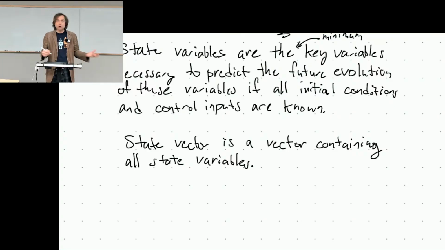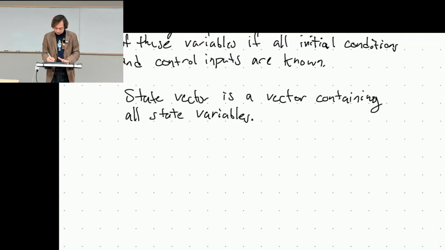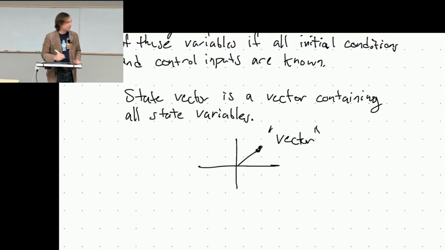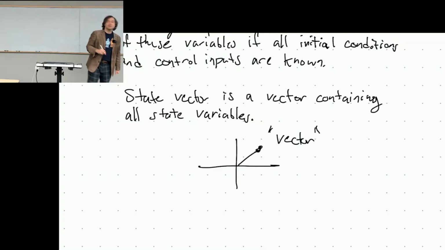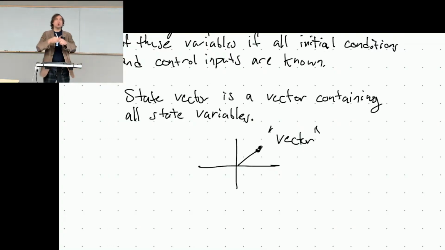Now, when you're learning about vectors, you might have had them described as being something with a tip and a tail, right? A vector. And so that vector is on a space. Okay?